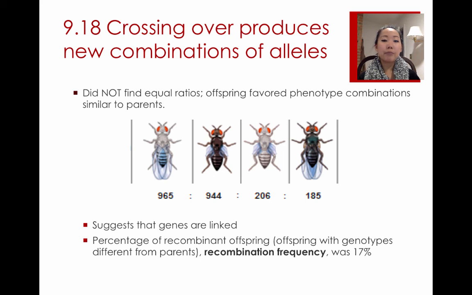But there is still some recombination that is possible. So it's not impossible to do crossing over. It's just less likely because they're close together. And so this recombination frequency, which is just the frequency of these phenotypes or genotypes that are different from the parents, is about 17% for this experiment.